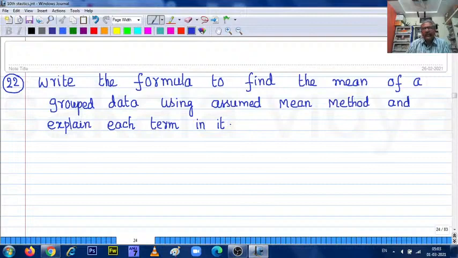So a question like this may be asked for 4 marks in the examination.